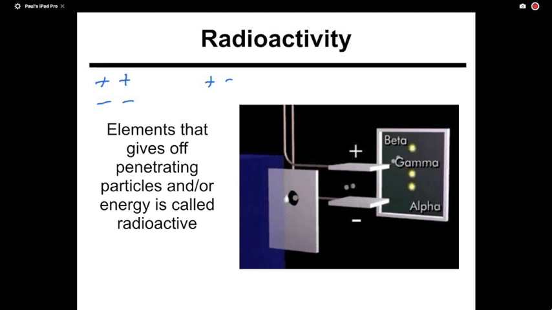Positive. Because it went down. If it went down, it's going towards the negative, away from the positive. Now, what was the gamma's charge? Neutral, because it wasn't influenced at all.